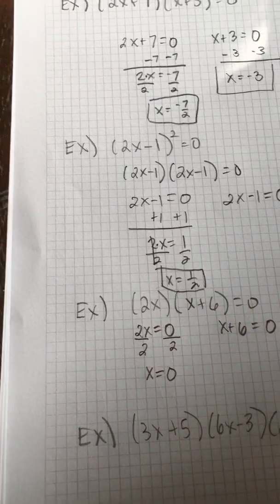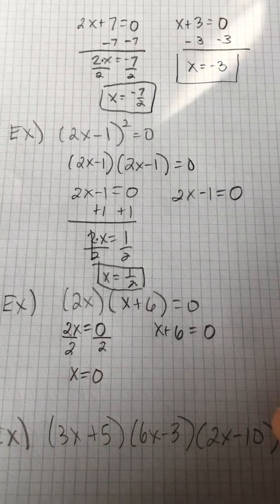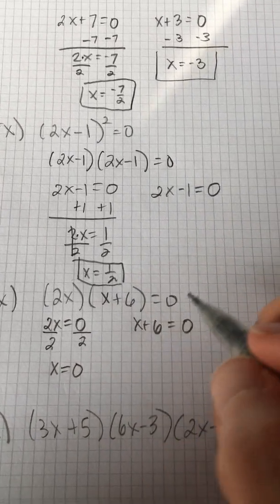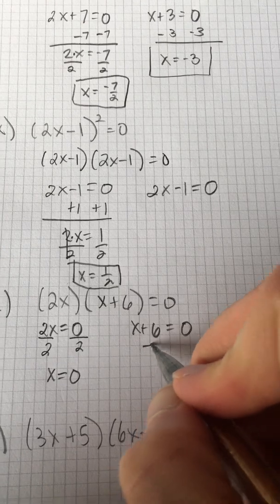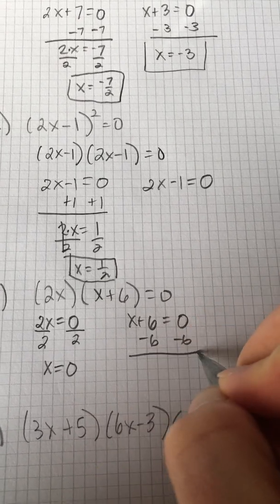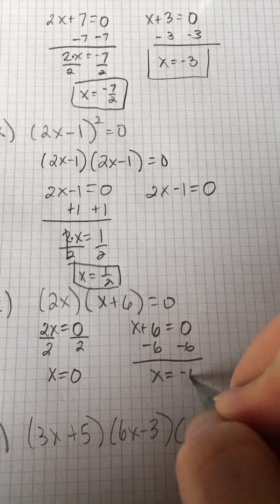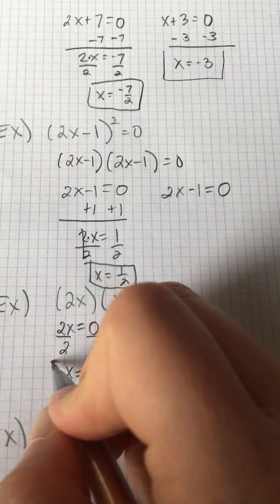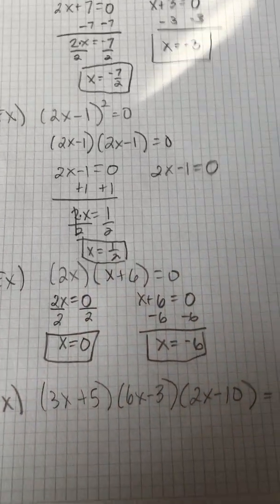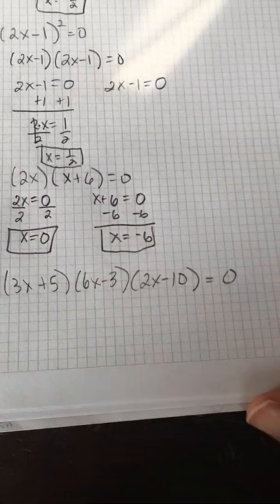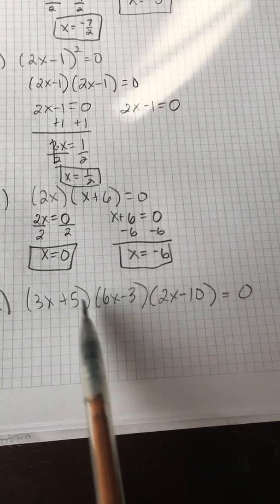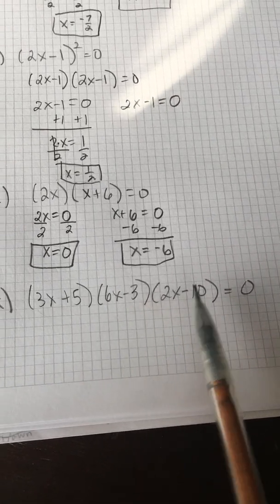X equals 0. 0 divided by any number is 0. How do I solve this equation? I subtract over the 6, and I get X equals negative 6. One solution, two solutions.